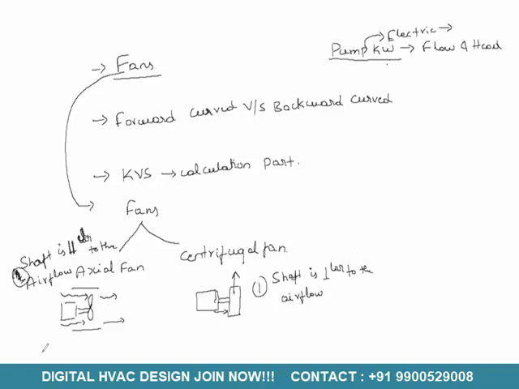Then the second point: the axial fan is used where there is high flow and low ESP, low head or low static pressure. For example, in car parking we need high flow, but static will be less.